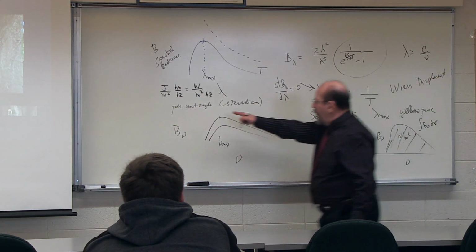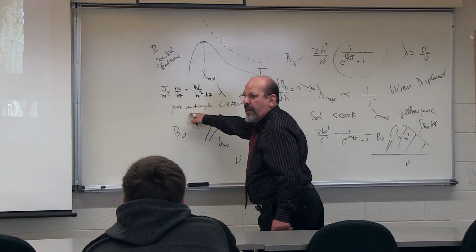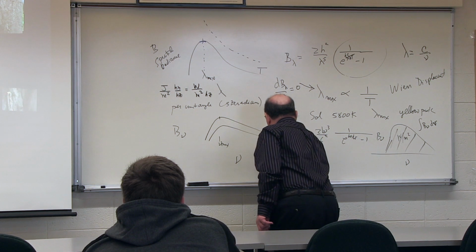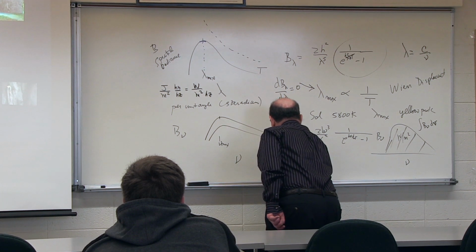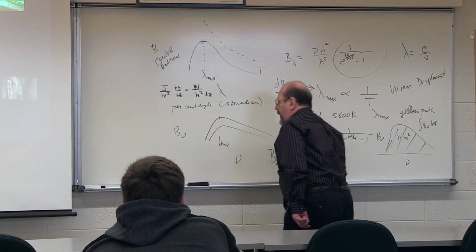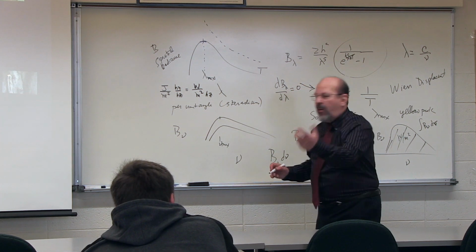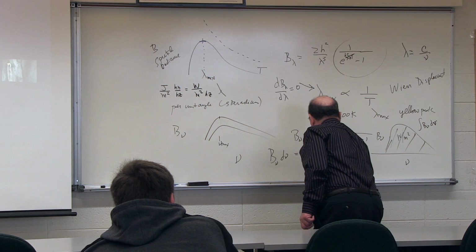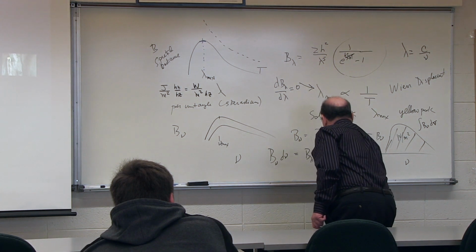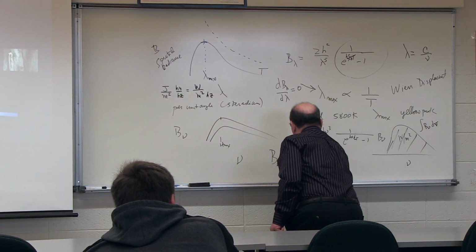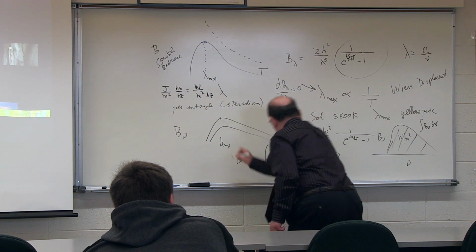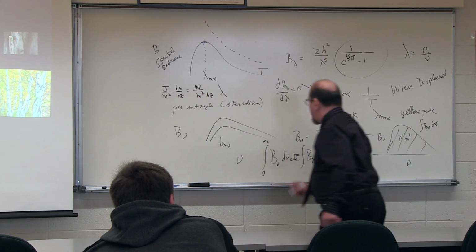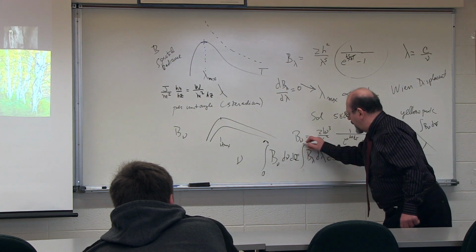Again, we're assuming we know about this, so we really have to take this into consideration. So actually, if you take the area under the curve of this one, since it's the same source, it should equal the area under the curve for this one, right? And I'm going to put in the solid angle just to be completely correct. We're integrating over all the frequencies, over all the wavelengths.